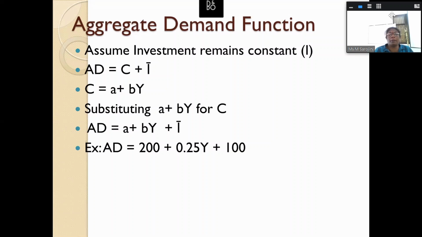Again, let us look into the aggregate demand function using a numerical example. Once we have the consumption function like 200 plus 0.25y and investment is equal to 100, therefore the aggregate demand is equal to 200 plus 0.25y plus 100. Here, another example I can give you.